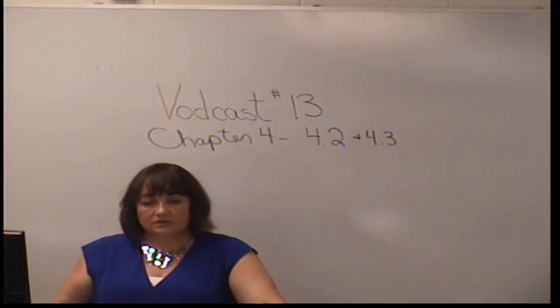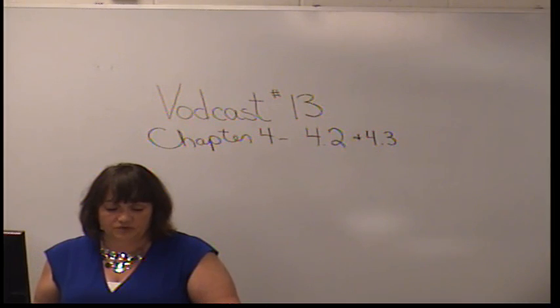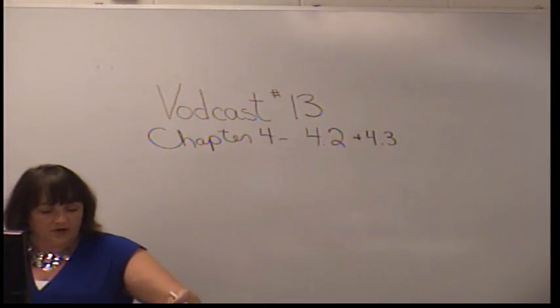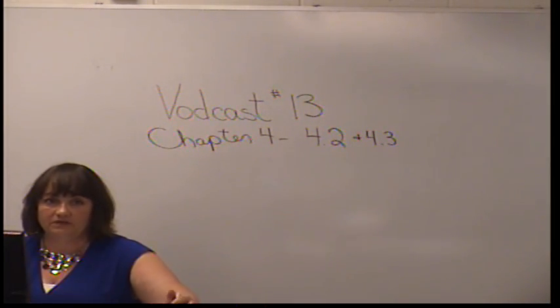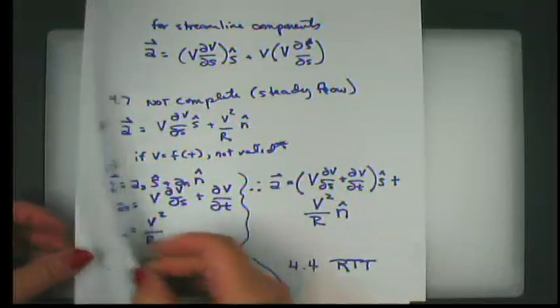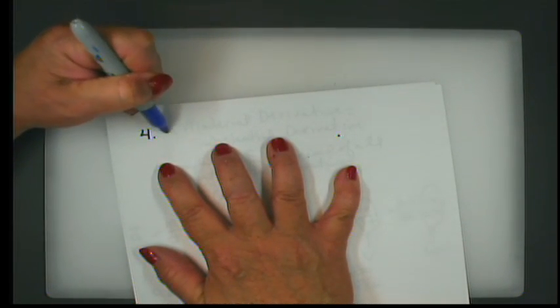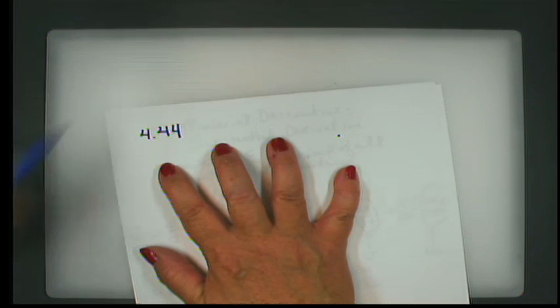But for now, let's go ahead and work a problem. The problem that I've chosen to work for you is problem 4.44. So I'll switch back to my document cam, put that number up, and then we'll take a look at the problem in the textbook. 4.44, and we'll run the analysis.